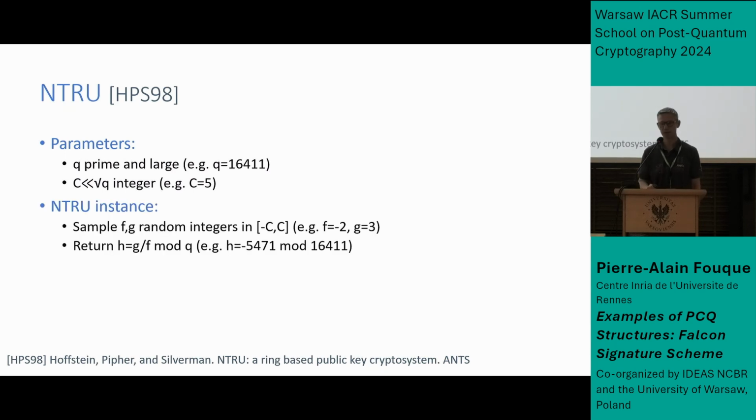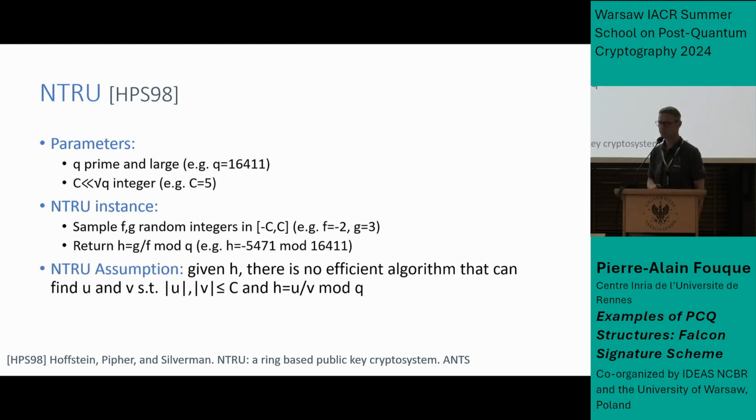So an instance of NTRU is, you just pick two small integers, for instance these two values, and then you compute the inverse, so G divided by F mod Q, and it will give you some value here. So this is an NTRU instance, and this is very easy.